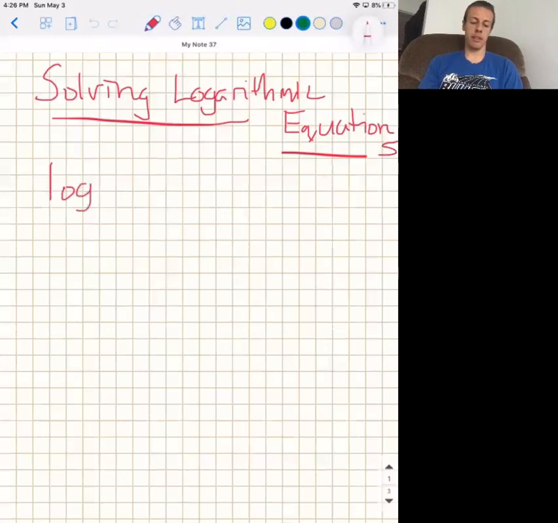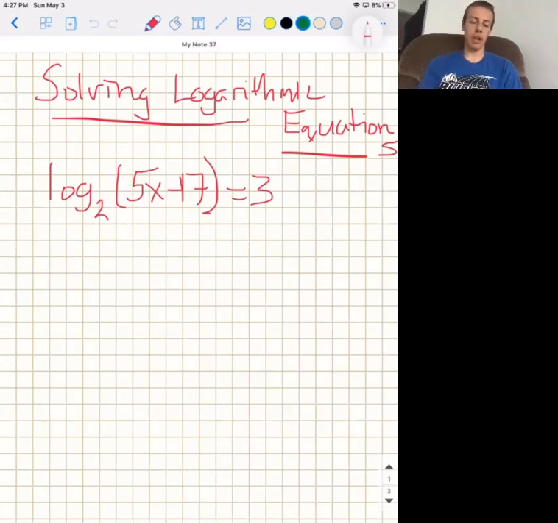Let's say we have log base 2 of the quantity 5x minus 17, and we're going to set that equal to 3. To solve this, you could think about it two ways, and some of you have said that each way makes sense to you, so I'll present both.